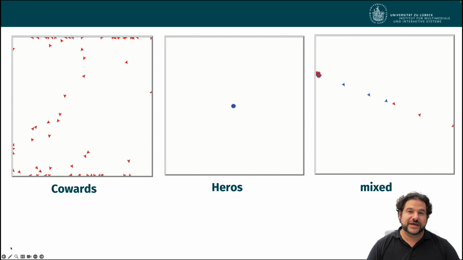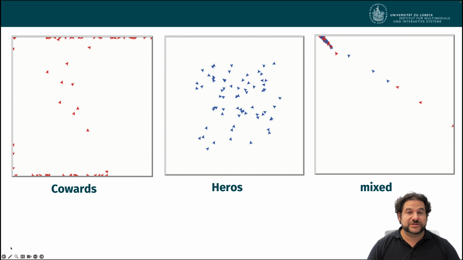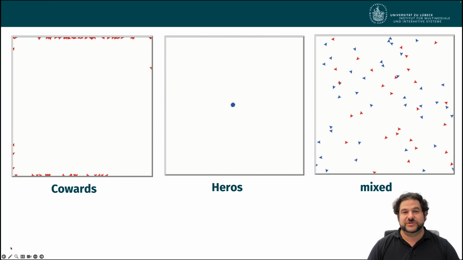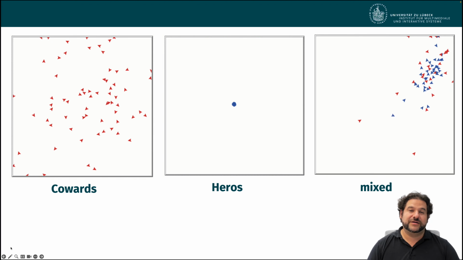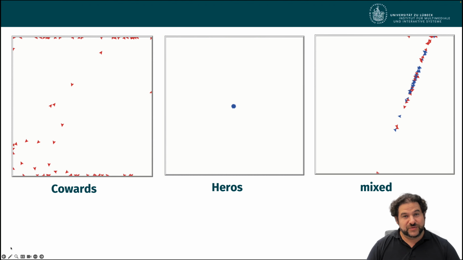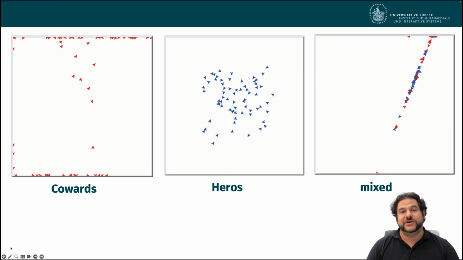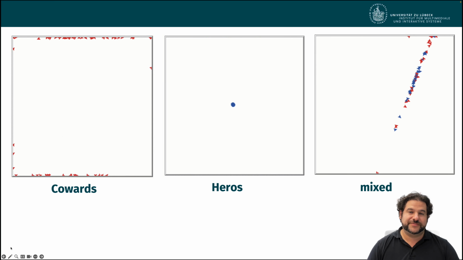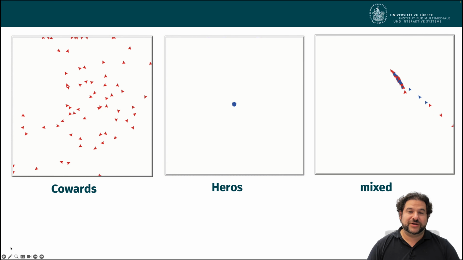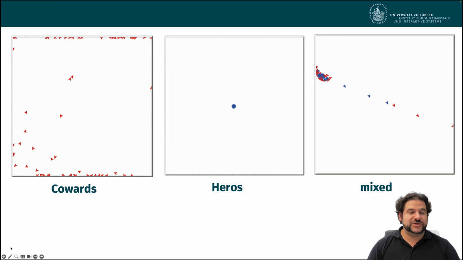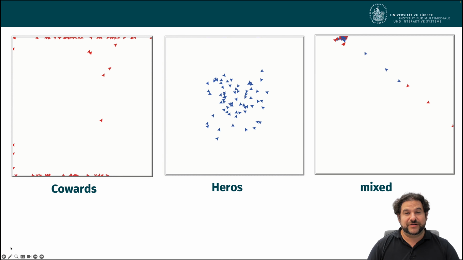Thus, it makes sense to run simulations multiple times with different initial conditions to understand if the outcomes that we see are an outcome of the rules that we put into the model, or of the initial conditions that we put into the model. This is our first video for agent-based modeling, and in the next video we'll see how we translate all this to Julia.